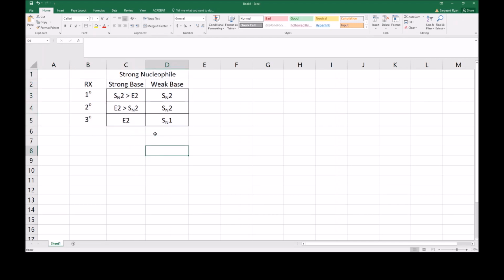Well, let's consult this table that we just made. The Sn2 is the favored pathway between a strong nucleophile and a strong base only when your alkyl halide is primary. So alkoxides are definitely strong bases. And we can't really explore this route over here because we're going to make that ether with an alkoxide, and alkoxides are not weak bases.